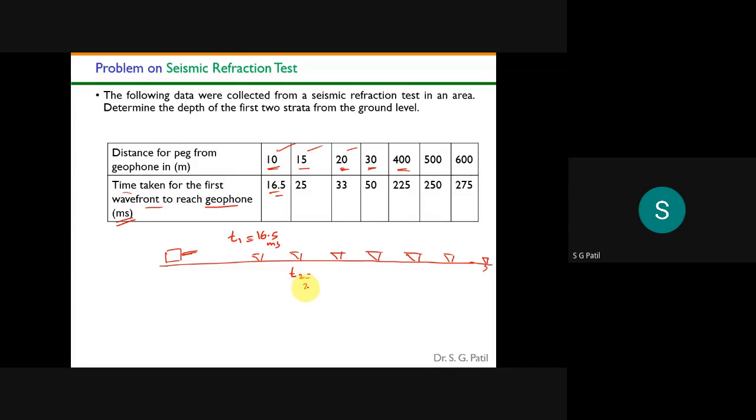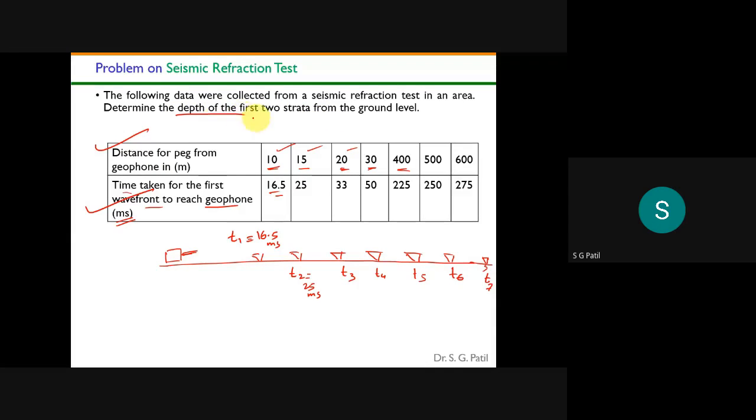T2 is equal to 25 millisecond, T3, T4, T5, T6, like that, and T7. They have given all the data. Now what are they asking you to find out?